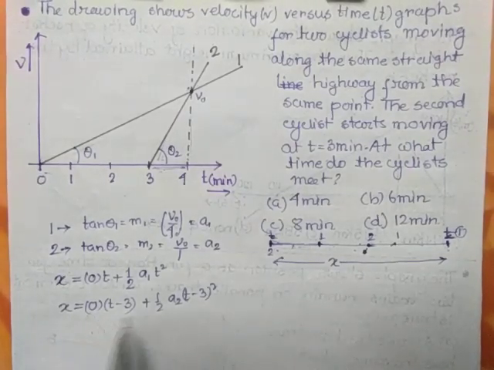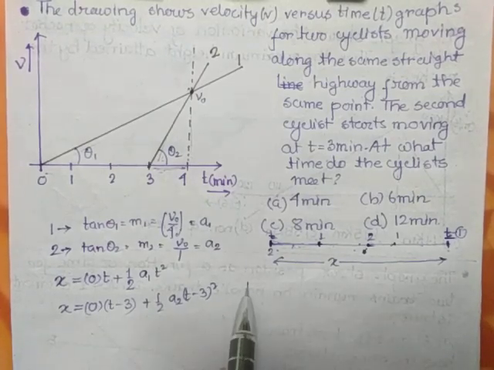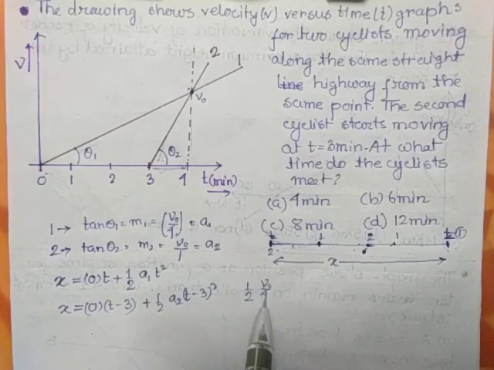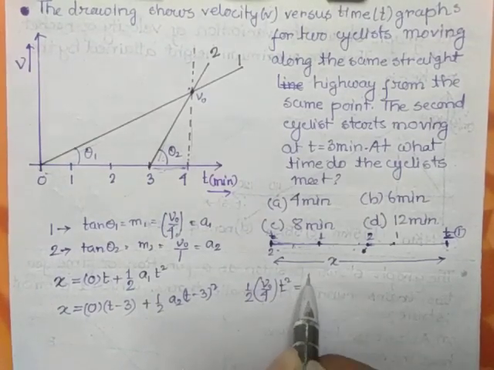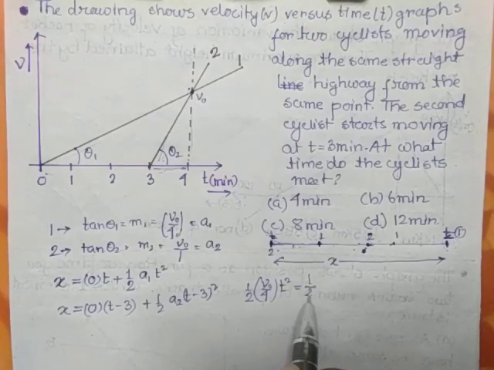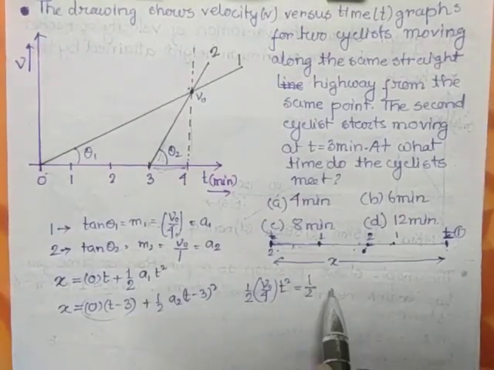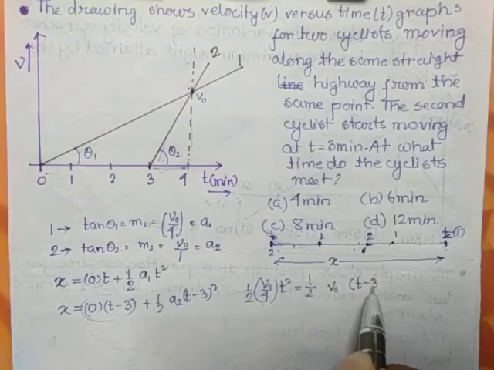So if I make these two equal, then since the initial terms are 0, it will be 1 by 2 into v0 by 4 into t square equal to 1 by 2 into a2, which is basically v0, into t minus 3 whole square.